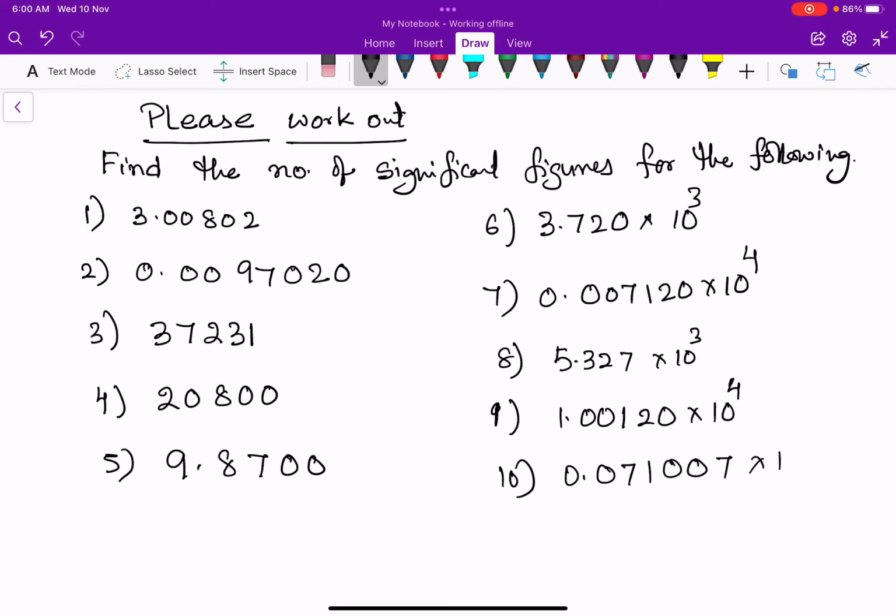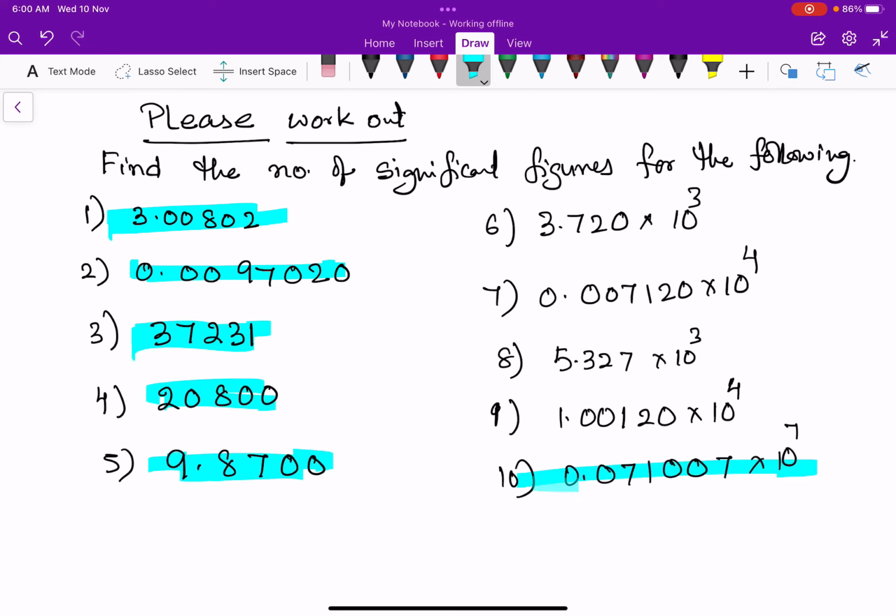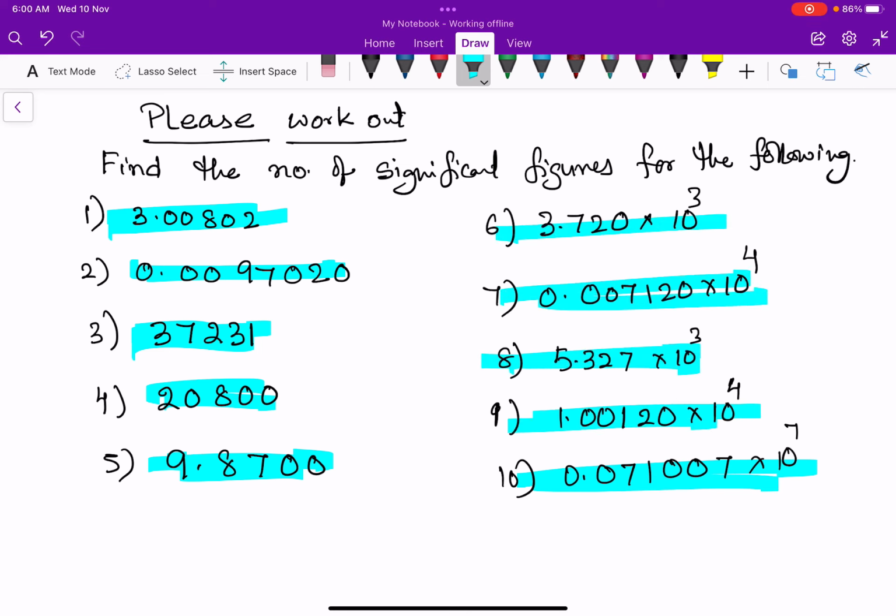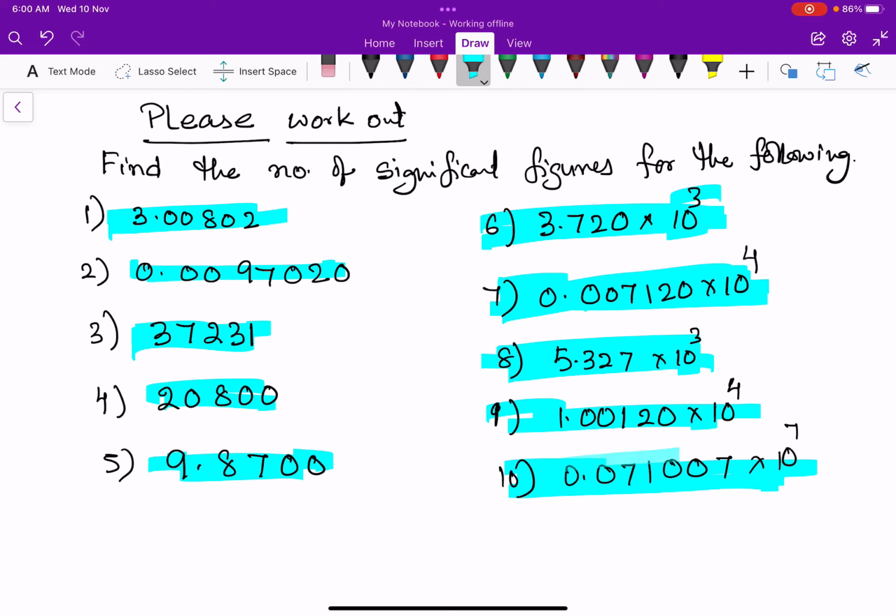And 0.071007 into 10 power 7. Find out how many significant figures are there in all of them and how to calculate. This is your work and you have to practice it, because from an examination point of view they can ask it as a 1 mark question, and you can easily score by understanding the concepts, right? So this is an easy one.